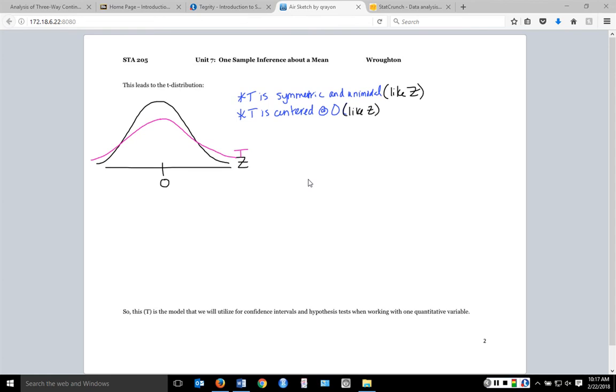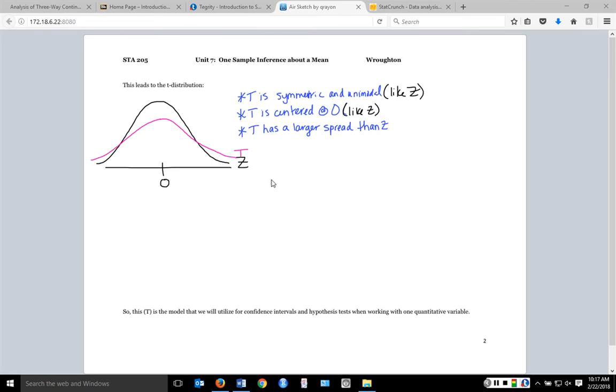So there's no difference here so far. What is different, T has a larger spread than Z. That's kind of why I describe it as a squish on Z. So it's still centered, that peak is at the same place, it's just a little bit lower, and therefore it's kind of squished out the rest of the picture to have a larger spread than Z actually did.